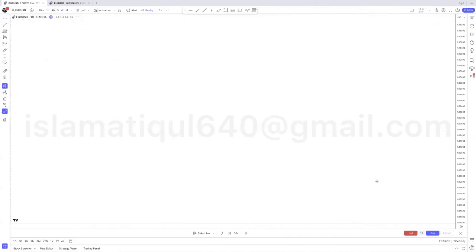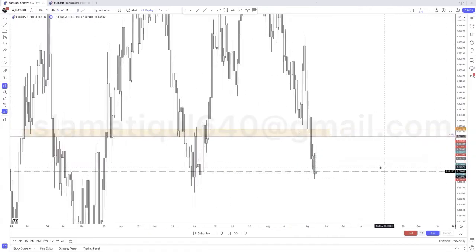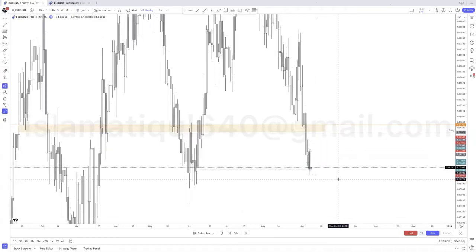Go to the daily. What's daily doing? Daily, of course, not very clear price action, right? It's not showing us very clear price action on the daily time frame. It has a little doji created there.